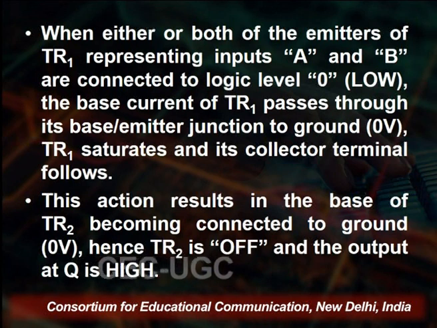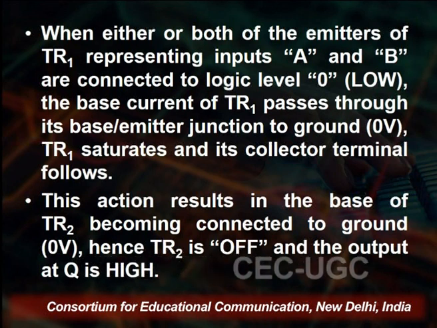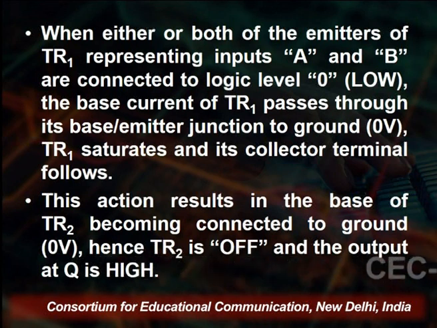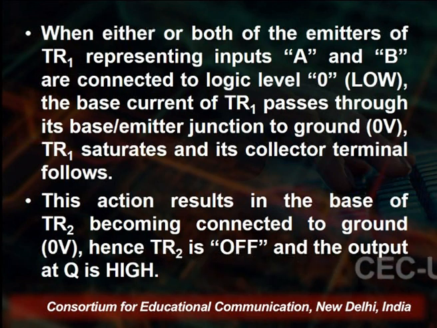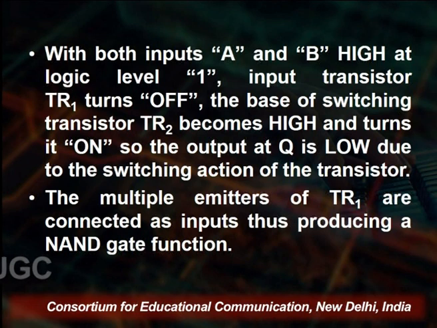TR1 then saturates, and its collector terminal, which follows this action, results in the base of TR2 being connected to ground at 0 volts. TR2 is off, so the output Q will be high.